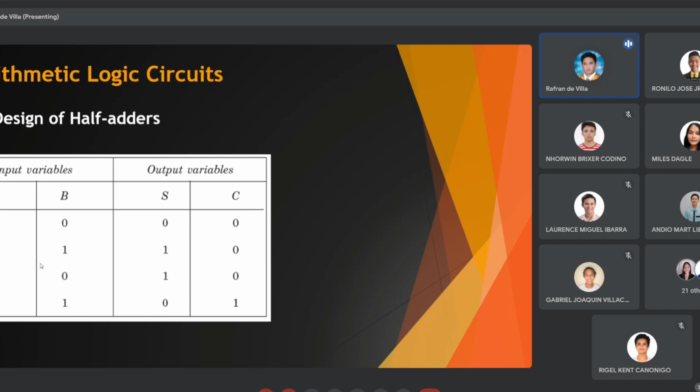The carry is the higher, more significant bit compared to the sum. Since 1 plus 1 is 2, it cannot fit in one bit, so we add another bit, which is the carry. So far, no problem understanding the truth table.